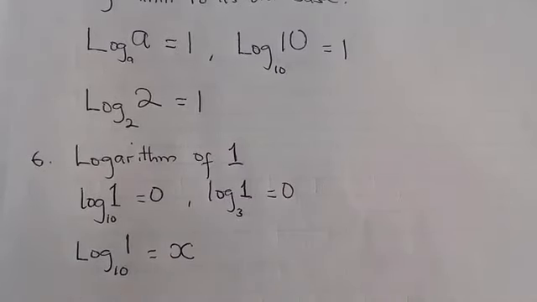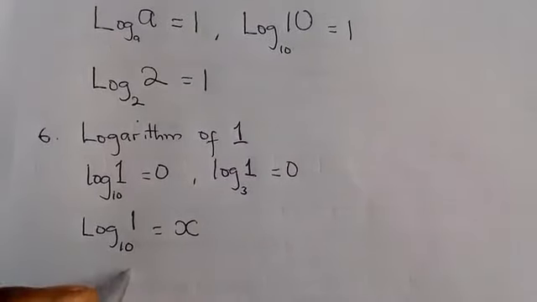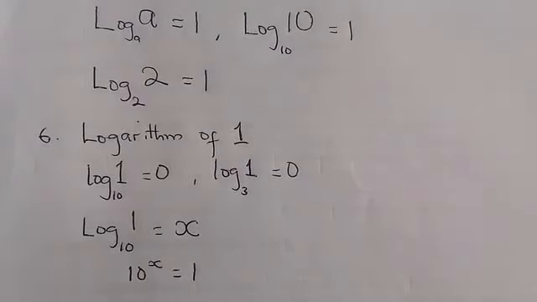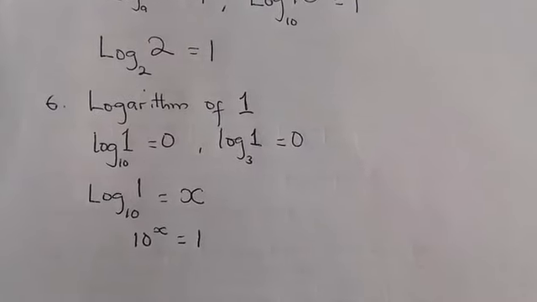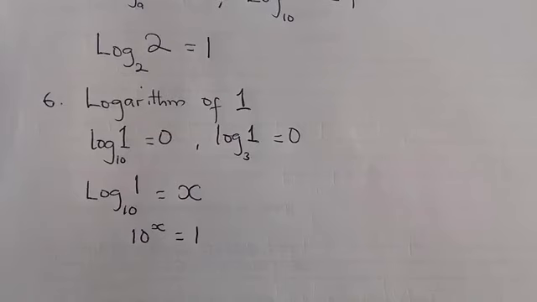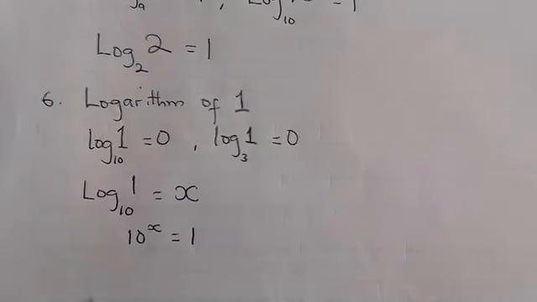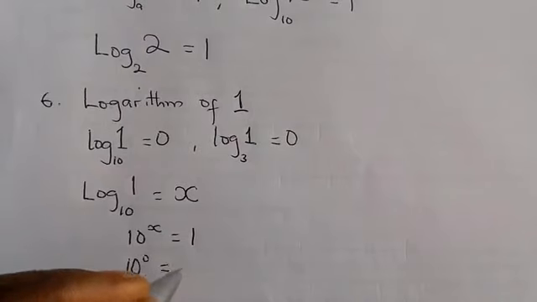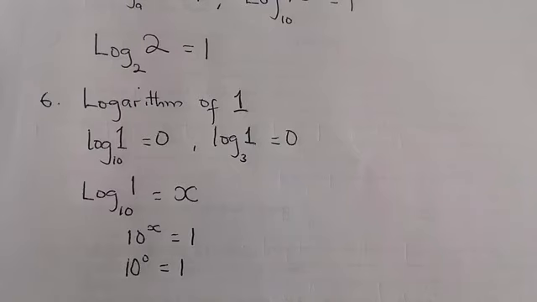And for us to do that, it implies that 10 raised to the power of x is equal to 1. Remember, from indices, we have what's called a zero index, where any number raised to power 0 is equal to 1, right? It's already established from indices that 10 raised to power 0, for instance, is equal to 1. 20, 1,000, 1 million, or whatever number at all you can think about raised to the power of 0 is equal to 1.